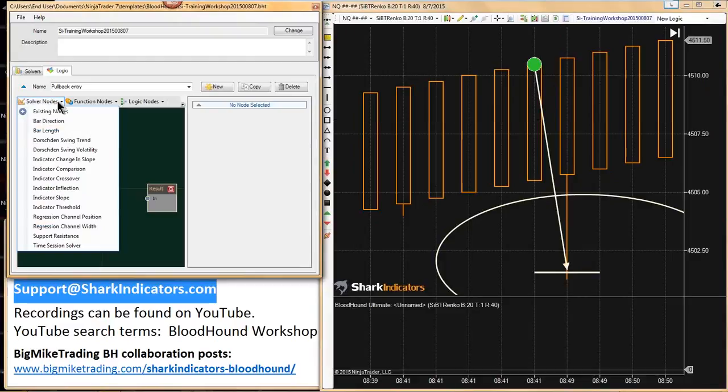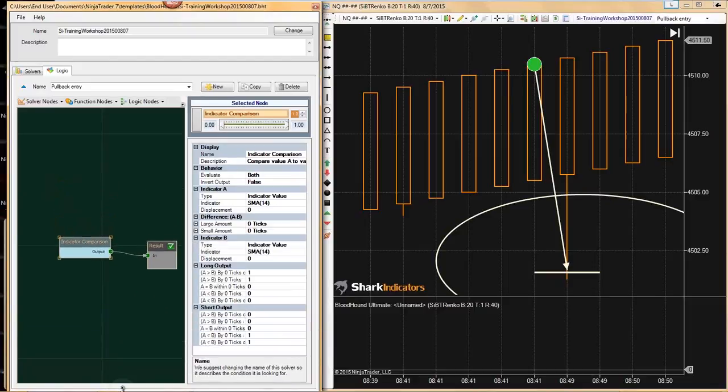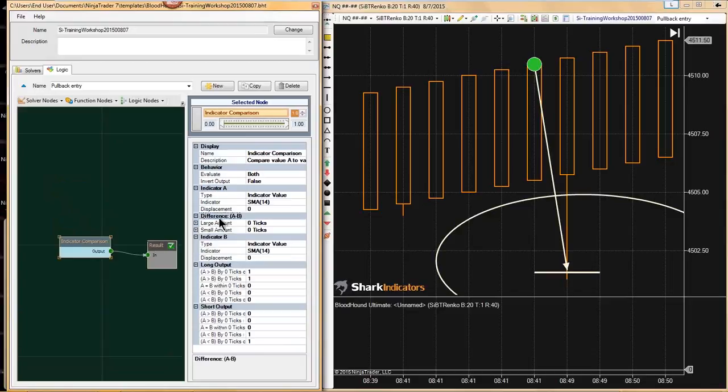So what I'm going to grab is a comparison solver. This comparison solver has a difference section, and we can use this as a measurement tool.